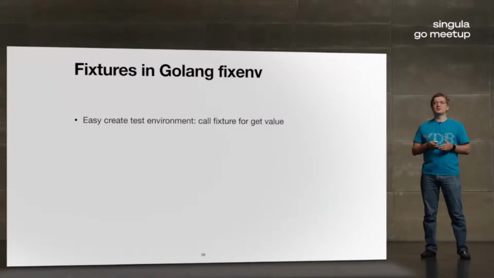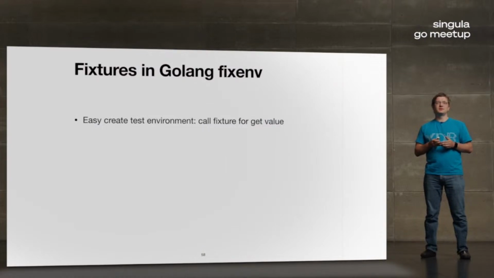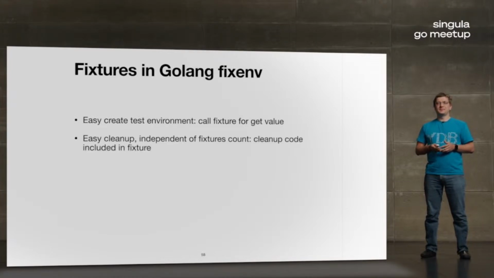Fixtures in Golang with Fixenv. Easy to create a test environment. In test code, you simply call the fixture and get the result value. You don't worry about creating the environment. All will be created in fixture code. Easy cleanup. A fixture can include cleanup code itself.